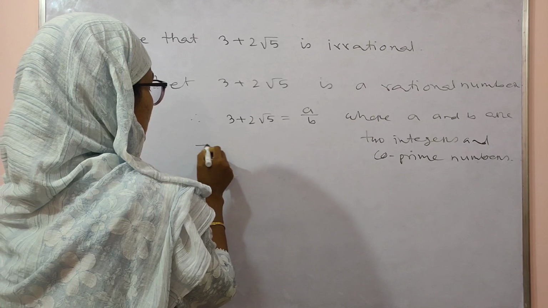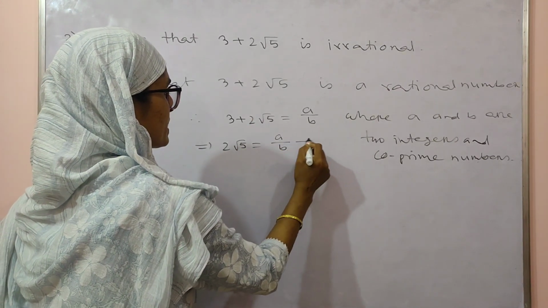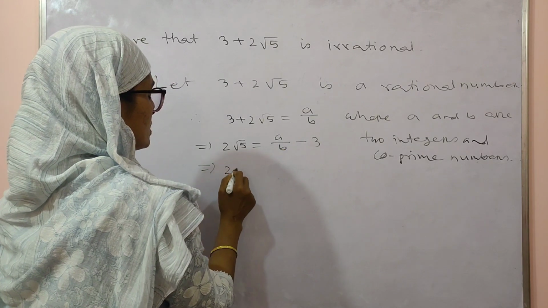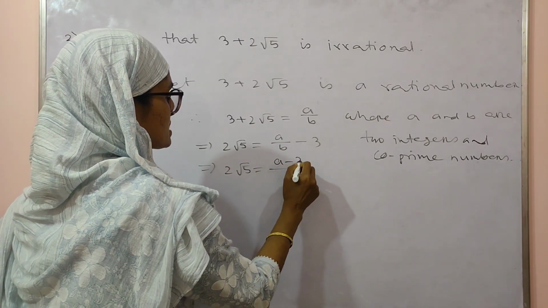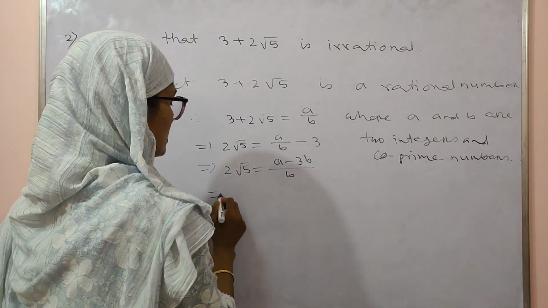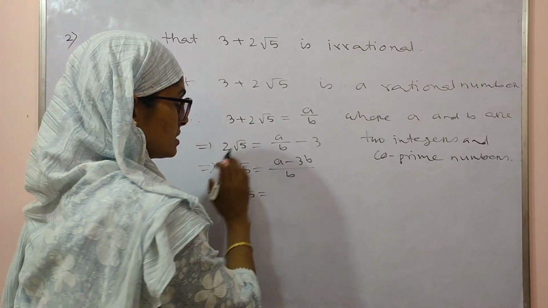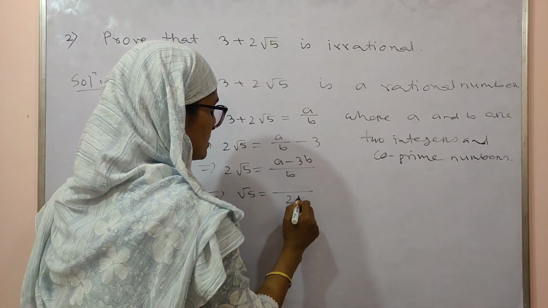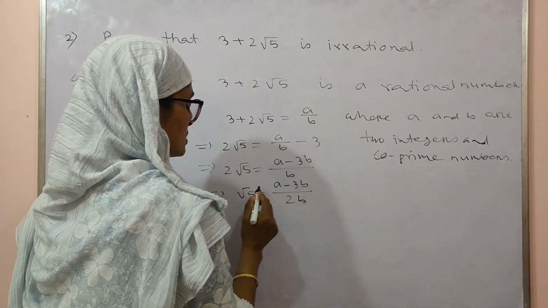Now, 2 into root 5 equals a by b minus 3, or 2 root 5 equals (a minus 3b) by b. Taking LCM b, or root 5 equals (a minus 3b) divided by 2b.